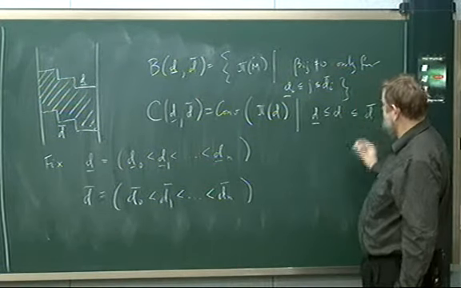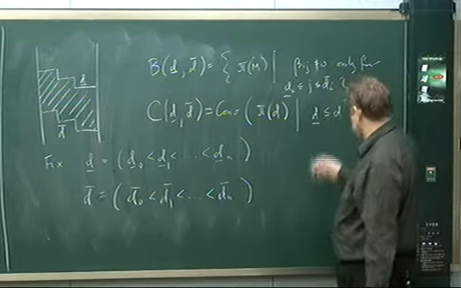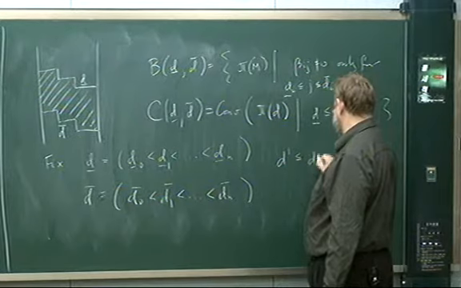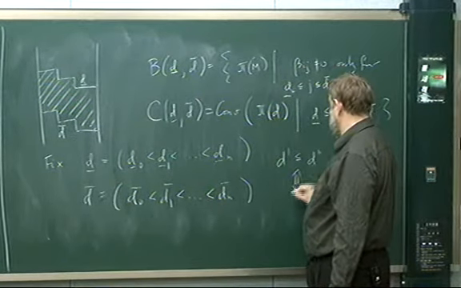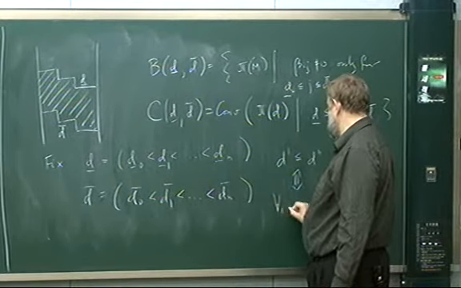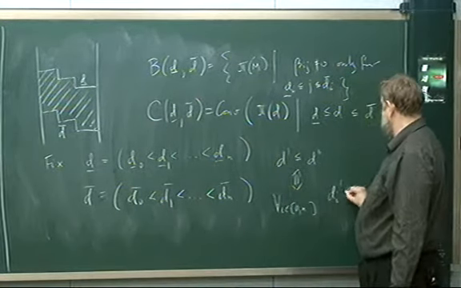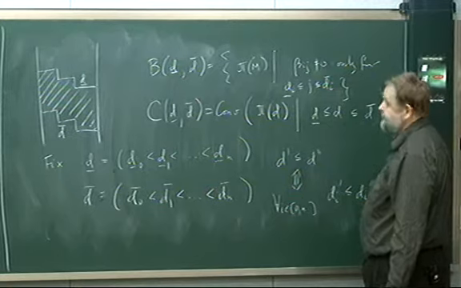By this, of course, I mean, you know, I order them coordinate-wise, right? I will say that d prime is smaller or equal to d double prime if and only if for every i from 0 to n, d_i prime is smaller or equal to d_i double prime.